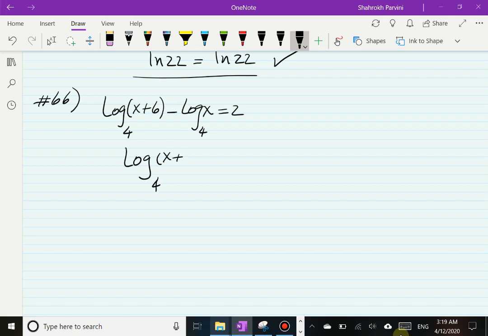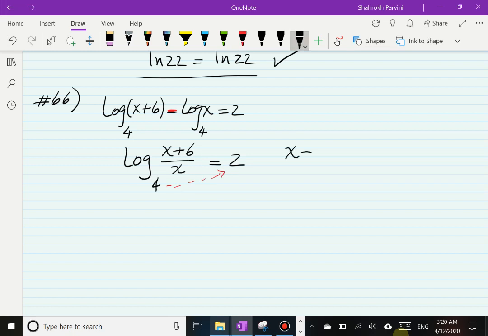So that's going to be, because of the subtraction here, this is going to be the ratio of x plus 6 divided by x, and that whole log is equal to 2. And now I can actually write it in exponential form.